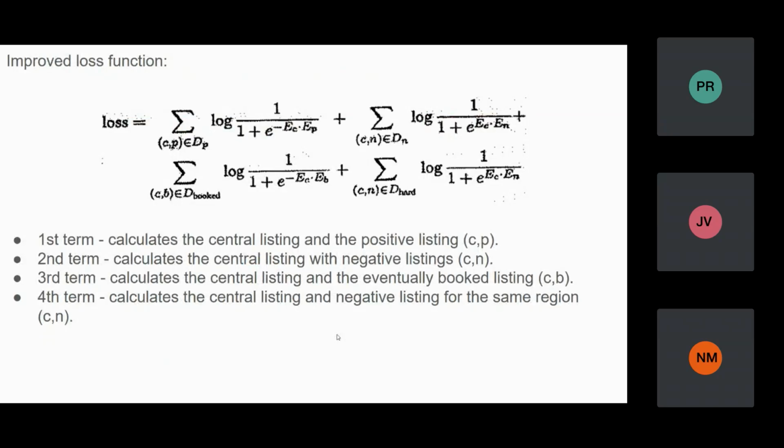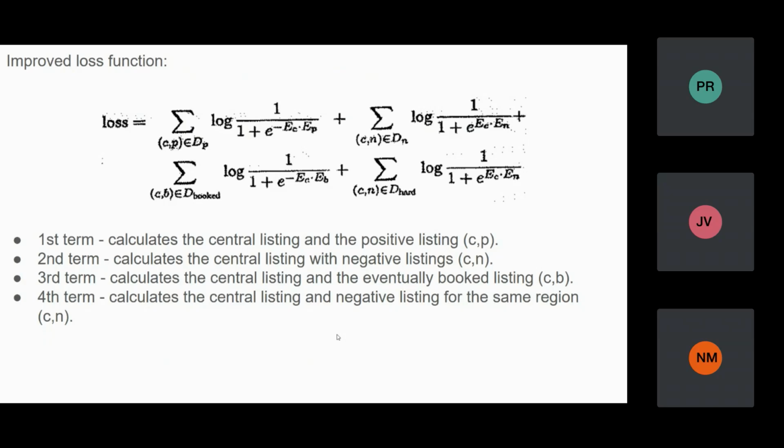And this is the improved loss function. The first two terms of the loss function are the same, whereas the third and the fourth terms are the improved ones.